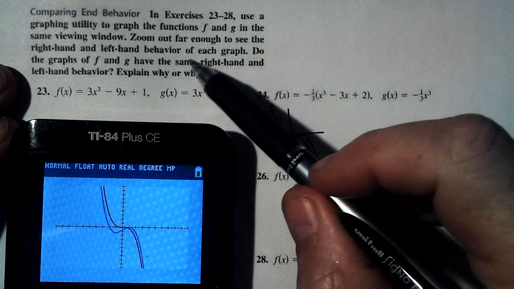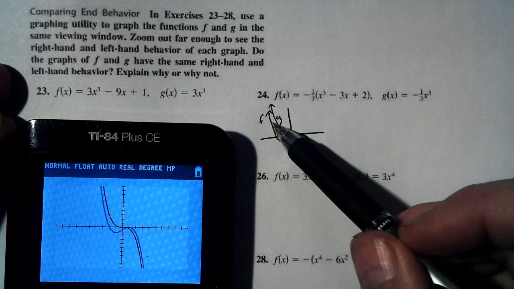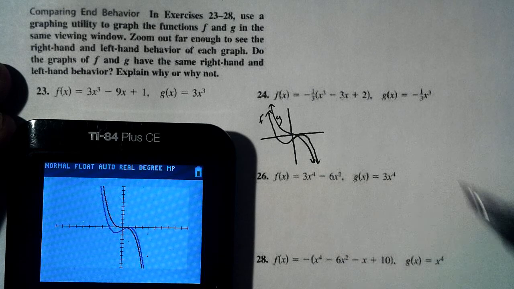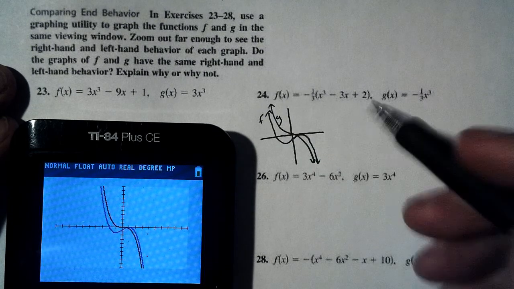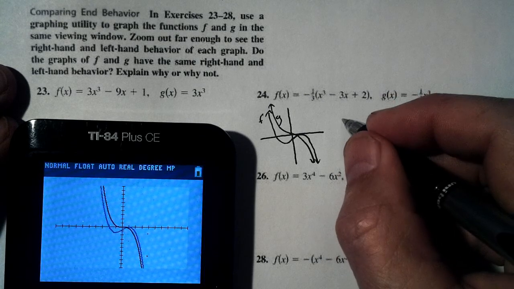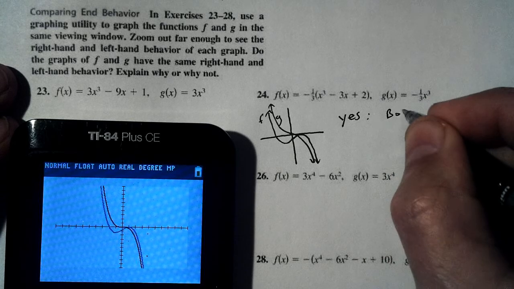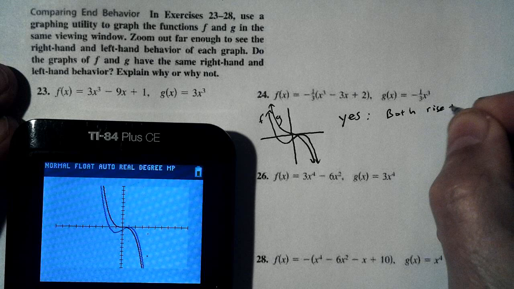Zoom out far enough to see the right hand and left hand behavior. Clearly looks like F and G are both going to rise to the left and both fall to the right. Do the graphs of F and G have the same right and left hand behavior? Yes. Both rise to the left.